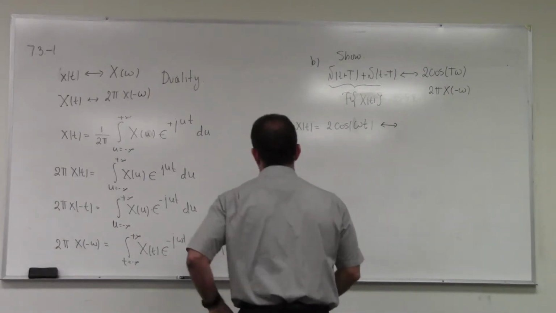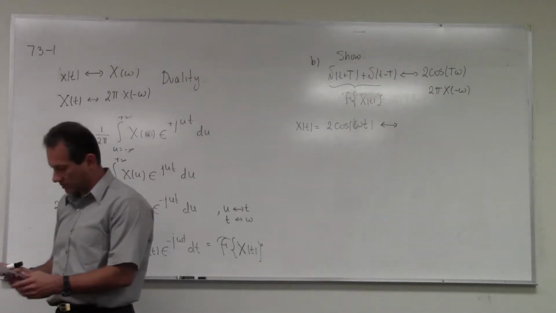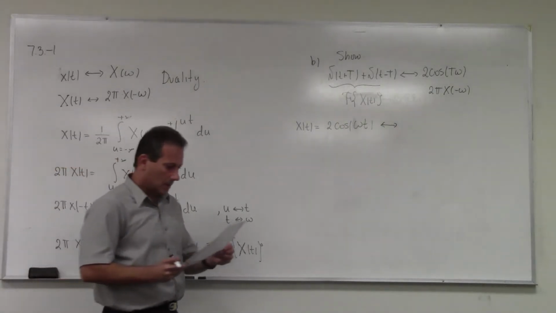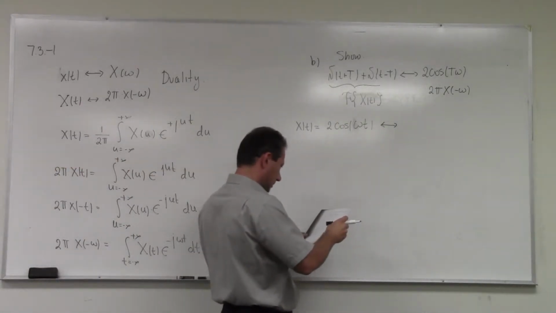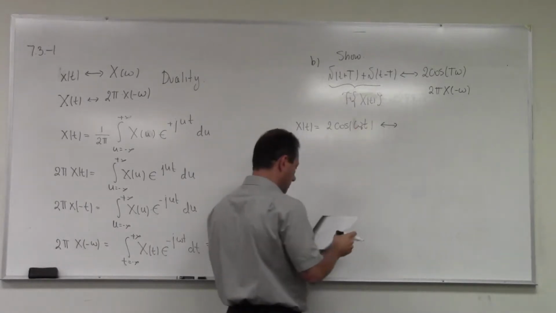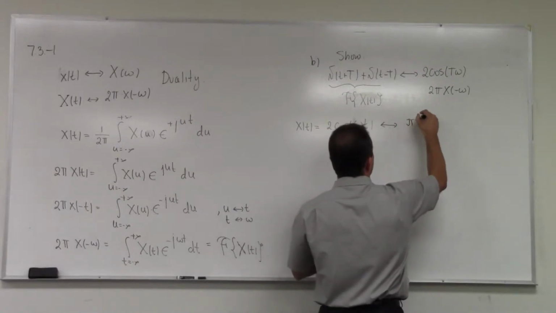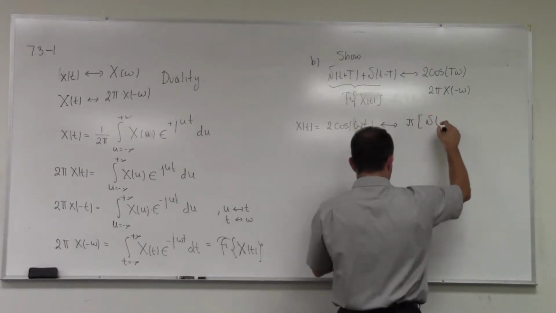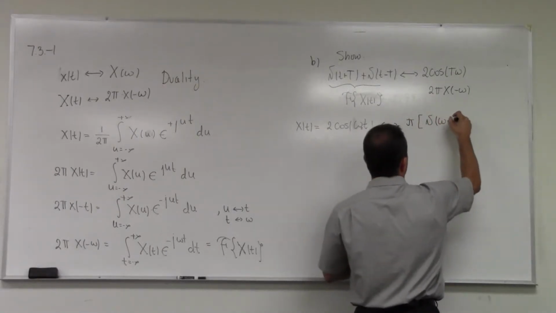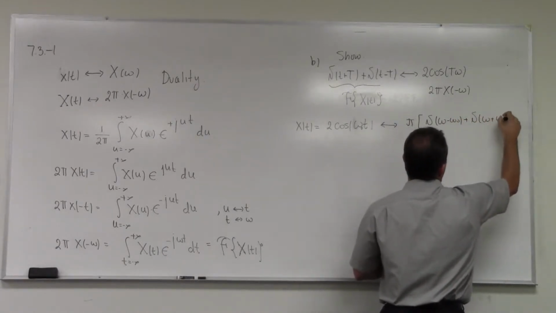The Fourier transform of cosine is again in this table, and it should be one of the first. They have it as omega 0 t. Let me put omega 0 t here. It is equal to pi times delta of omega minus omega 0 plus delta of omega plus omega 0.